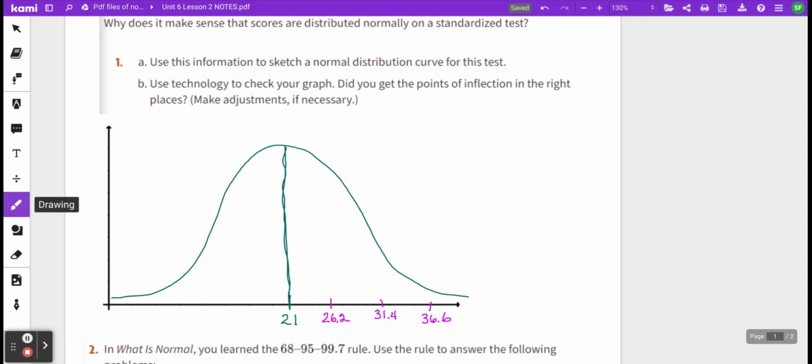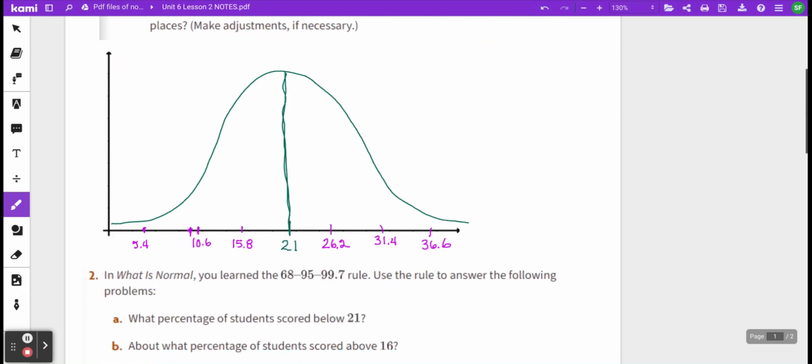We can also go the opposite direction. So we're going to go 21 minus 5.2, and we should get 15.8. Again, minus the 5.2, we're going to get 10.6. And again, 5.2, we get here 5.4. And we're going to connect the lines on it.